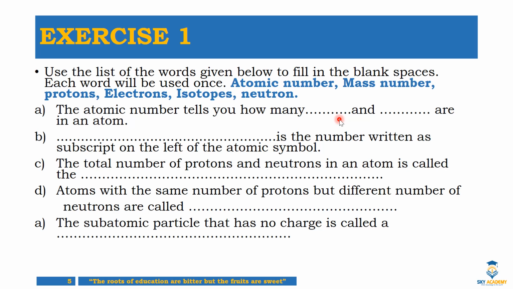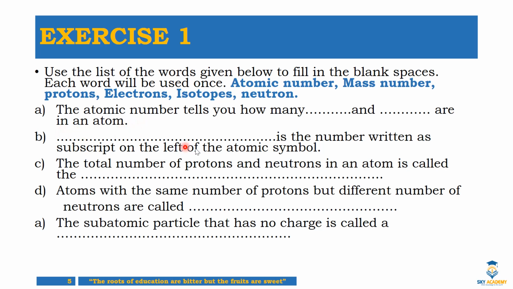Simply, if an element loses or gains electrons, the electrons have changed. But a neutral atom which is not in a chemical reaction has the same number of electrons as protons. So the atomic number tells you how many protons and electrons are in an atom.